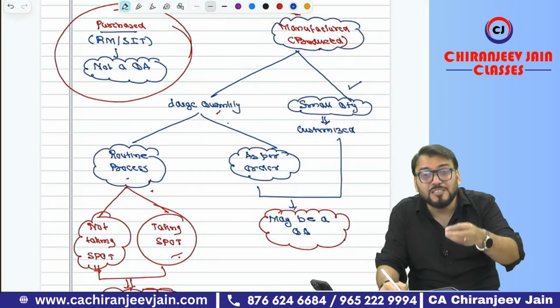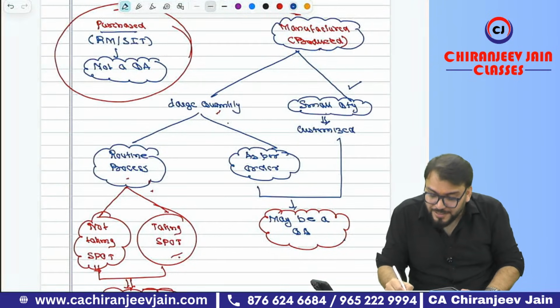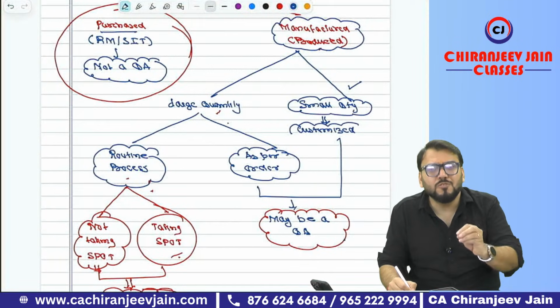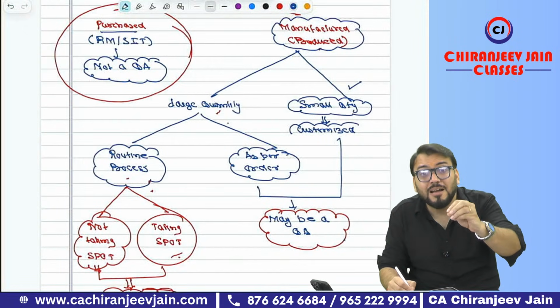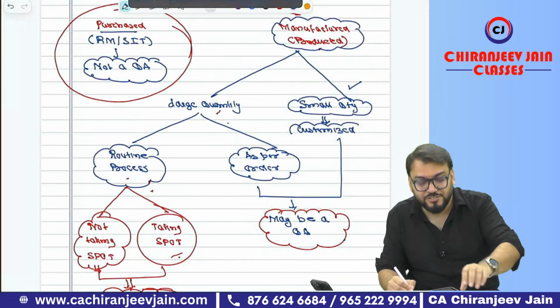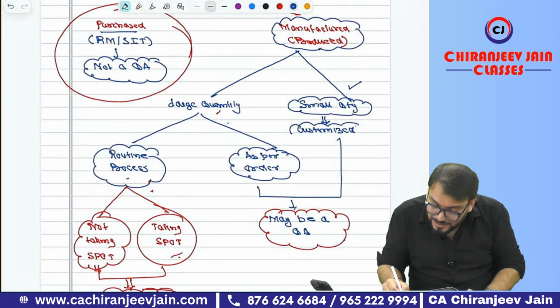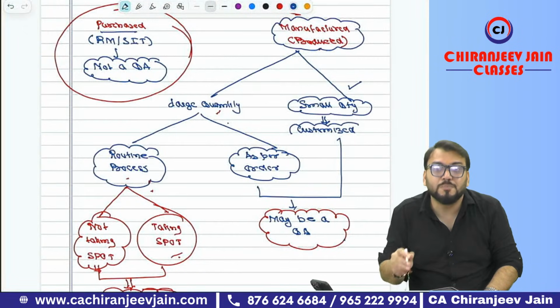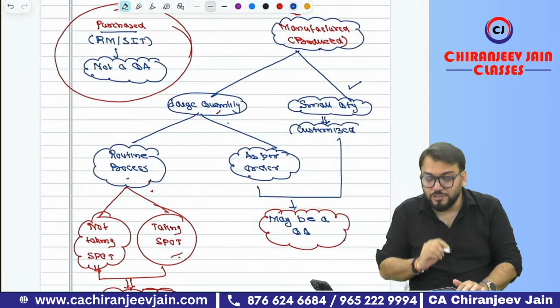Small quantity is always customized. If I am constructing machinery for a customer, that will be always customized, as per customer specification. So it may or may not be a qualifying asset depending upon the substantial period of time. But for large quantity, there can be two issues.